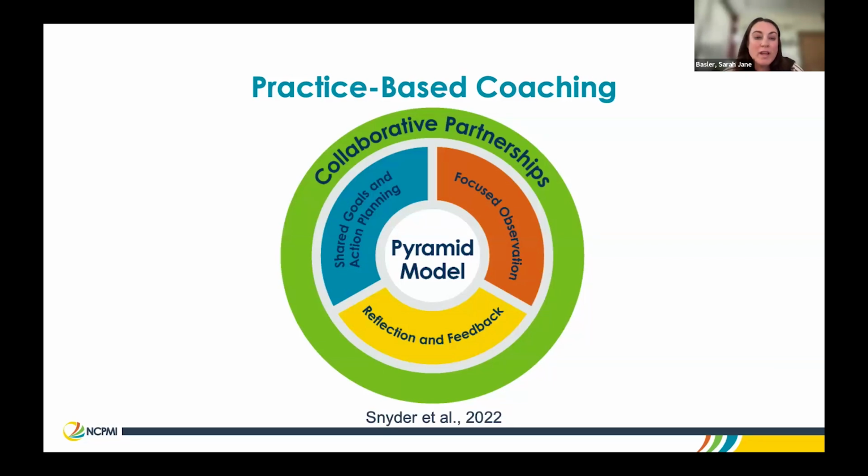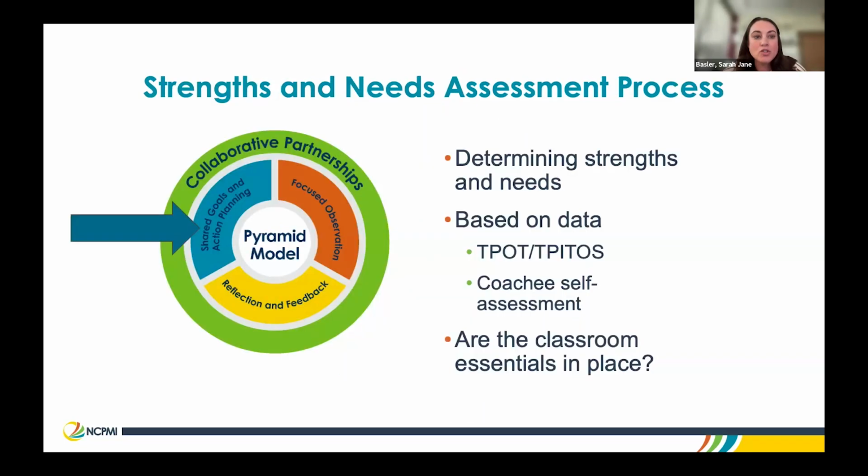So we're doing this with the coachee and not to the coachee. So very collaborative. So this process begins, we write this goal and action plan by starting with a strengths and needs assessment process. So we do that using either TPOT data or TP-TOES data.